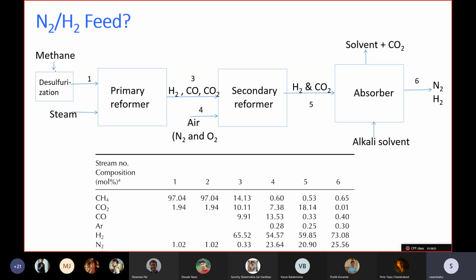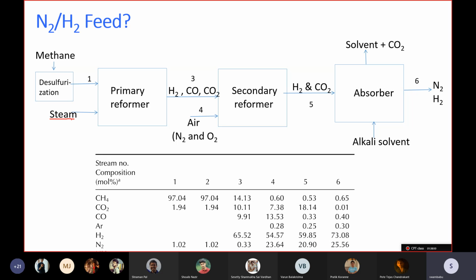Methane undergoes desulfurization. The desulfurized methane is supplied to primary reforming. In the primary reforming, another important reactant is steam.